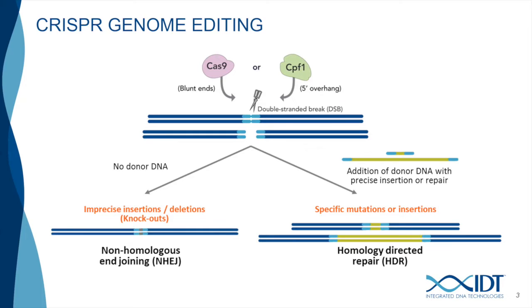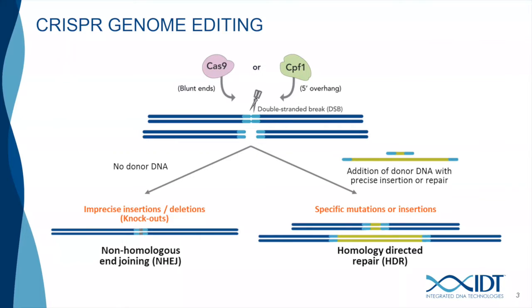So once you introduce the CRISPR reagents into your cell and a double-stranded break is made, there are two main dominant repair pathways that the cell's endogenous DNA repair systems will undergo. If you provide additional donor template to make a correction, the homology-directed repair pathway can take effect. Otherwise, often if you're just introducing a double-stranded break, the non-homologous end joining pathway is the predominant one.